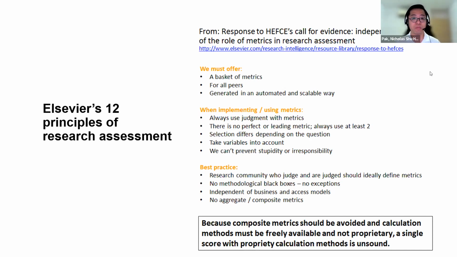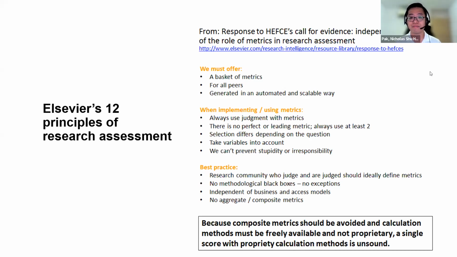We would have to take variables into account. We can't prevent stupidity or irresponsibility in how the metrics are interpreted. The best practice is with the research community, who judge and are judged, and they should ideally define these metrics. There are no methodological black boxes, which is why our metrics are open, clear and transparent.